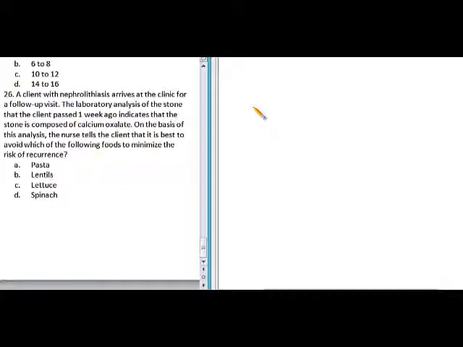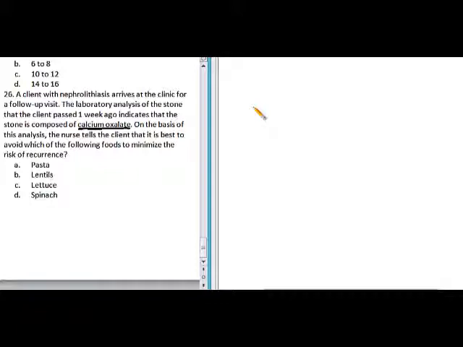Next, number 26. A client with nephrolithiasis arrived at the clinic for a follow-up visit. The lab analysis of the stone that the client passed a week ago indicates that the stone is composed of calcium oxalate. On the basis of this analysis, the nurse tells the client that it is best to avoid which of the following foods to minimize the risk of recurrence.